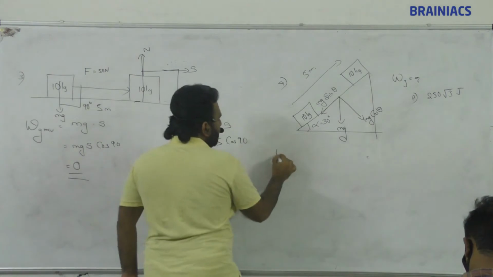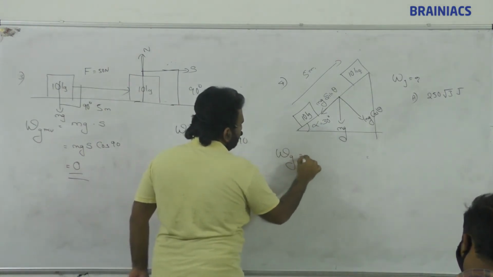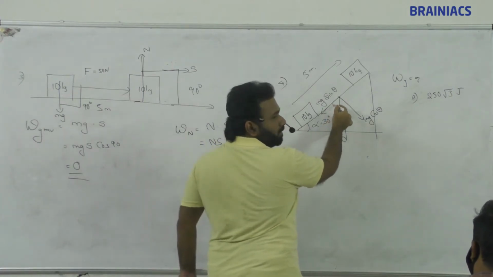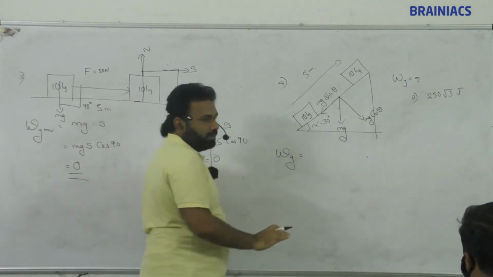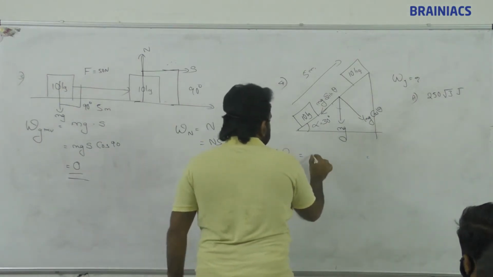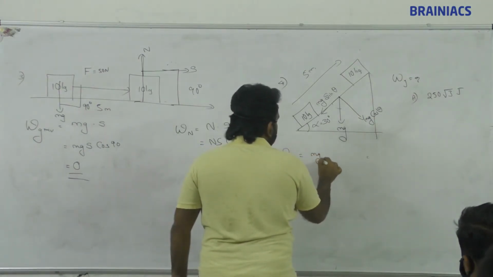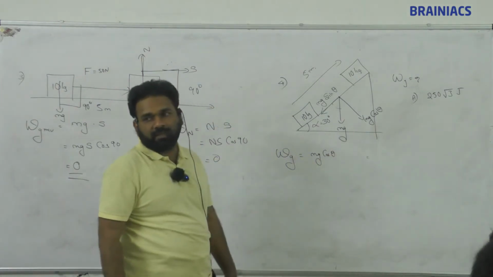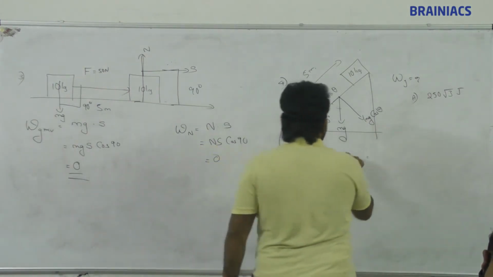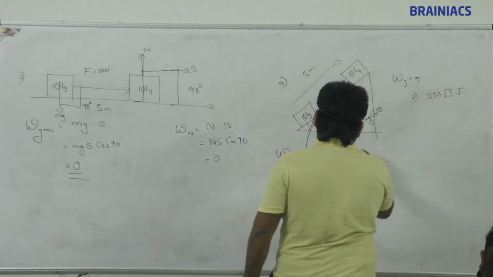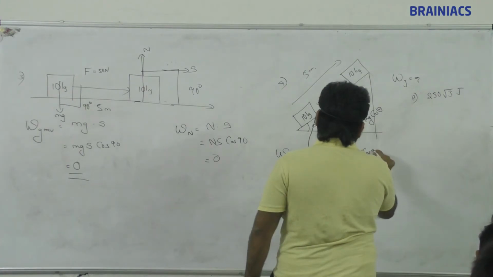So work done by gravitation. If I want, I can take this angle directly, but I am going to show you separately. So this is mg cos theta, one force, into the displacement of 5 meters, into cos 90.